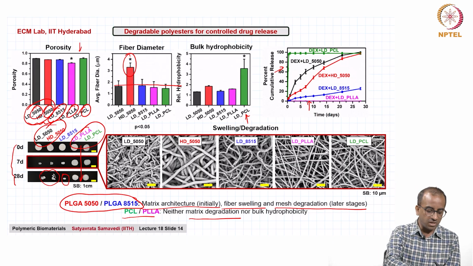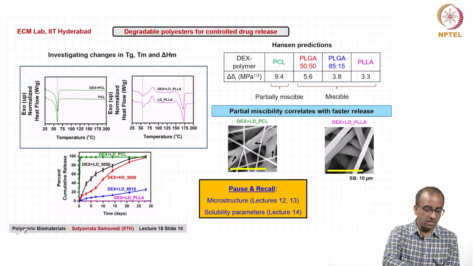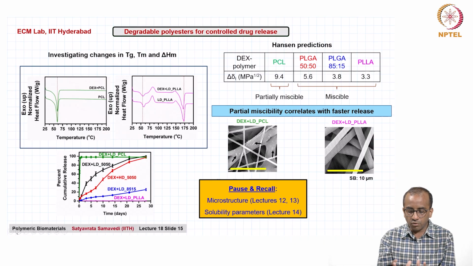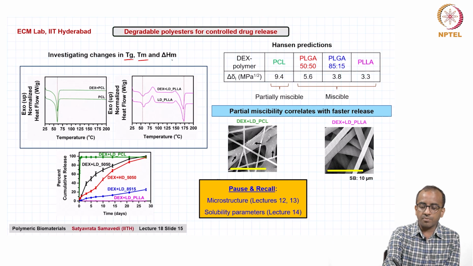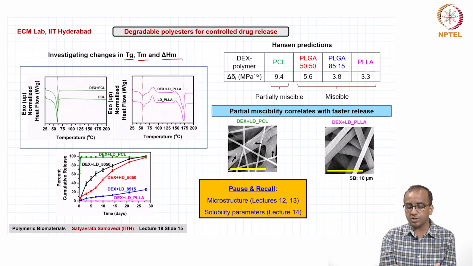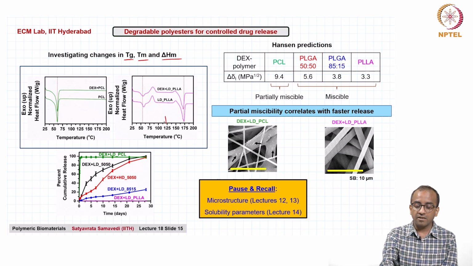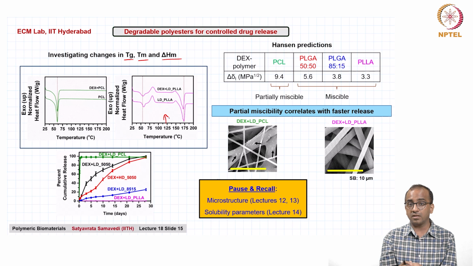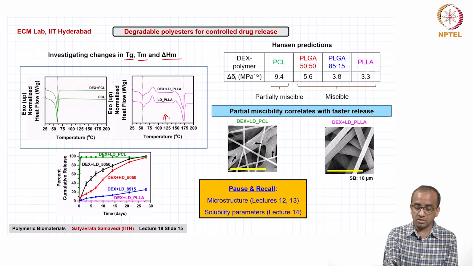So, probe a little bit deeper, and what you will see is that if you investigate the properties like Tg, Tm and delta Hm, which is the glass transition temperature, the melting temperature and the enthalpy of melting, we see that in the case of the PCl, there are no appreciable shifts in the glass transition or the melting temperature, whereas in the case of PLLA, we see shifts between the polymer that is not loaded and the polymer that is loaded with the drug.